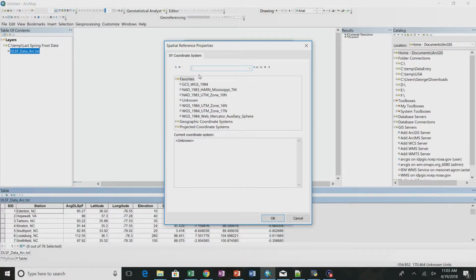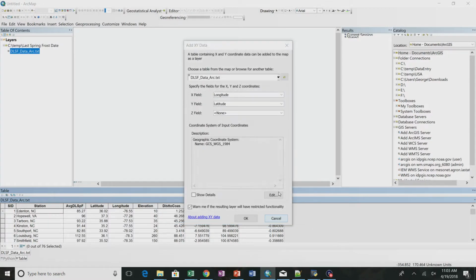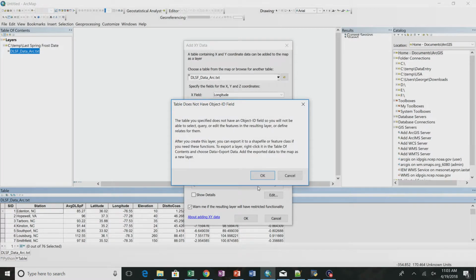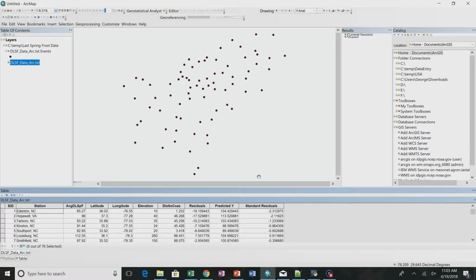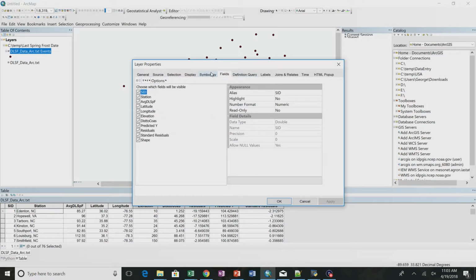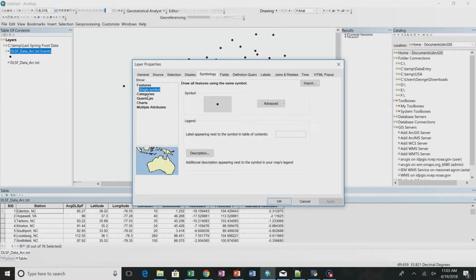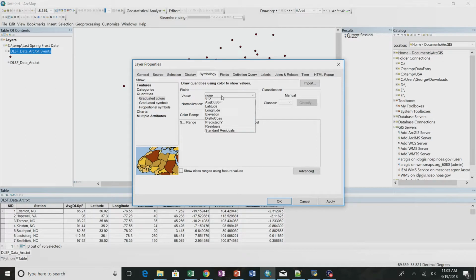And I'll say okay. So there's all these points. It's southeastern United States, that makes sense. So now I can just symbolize however I want based on the standard residuals.